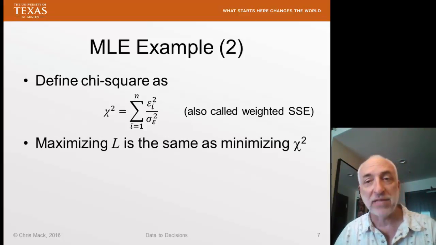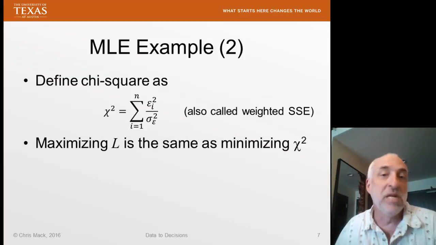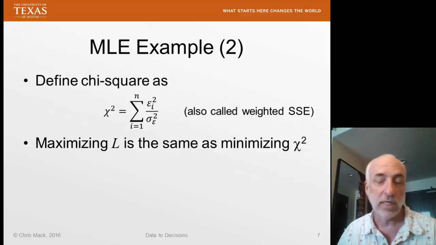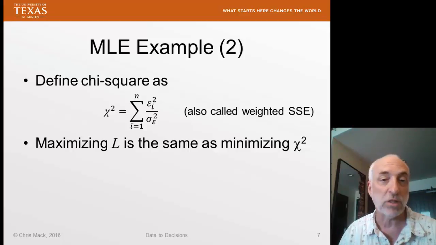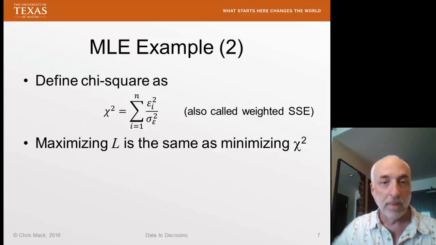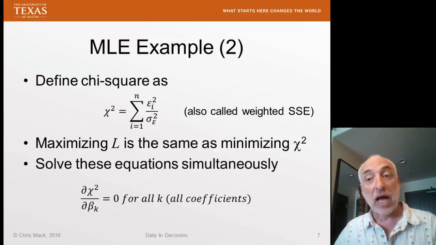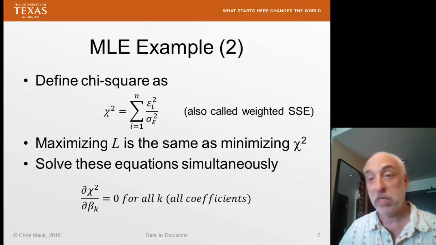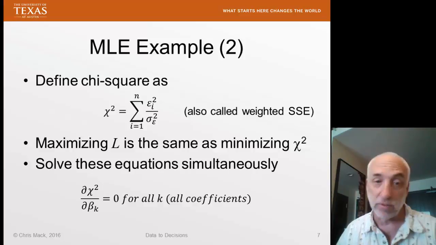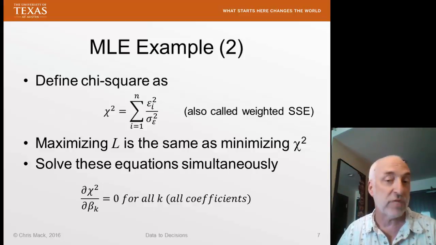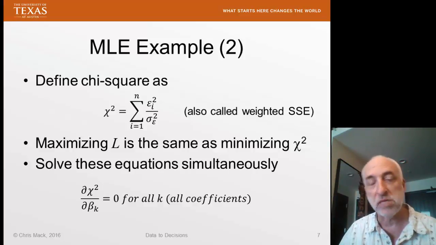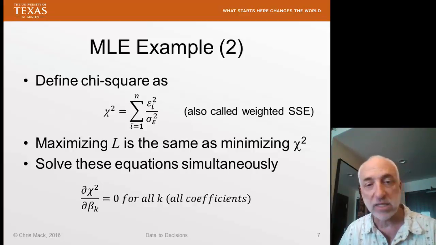To maximize L, I want to minimize chi-square. If you go look at that exponential, it's pretty obvious that you get the largest L possible by having the smallest chi-square. I will minimize chi-square, taking the derivative and setting it equal to 0. I'll do that for every single coefficient in my model, beta sub k.